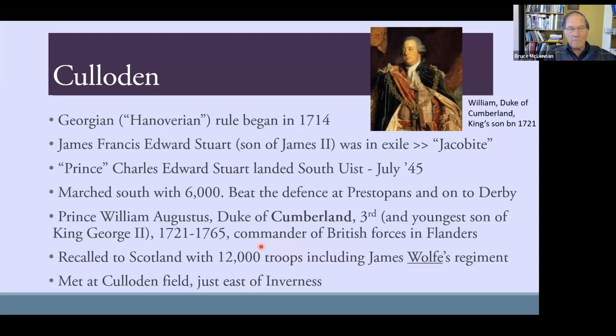He brought with him a number of French and Irish regular soldiers, trained, and a lot of guns, a lot of rifles. And they, 6,000 of them, marched, occupied most of Scotland and marched as far south as Derby, which is only 200 kilometres from London.